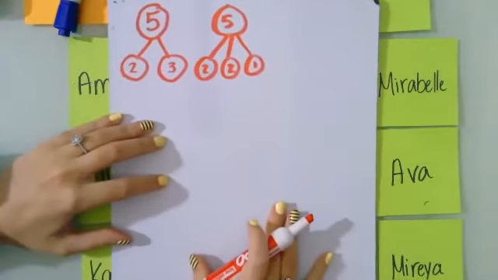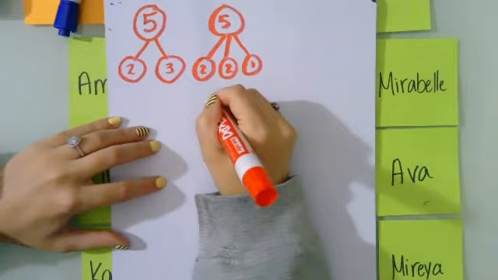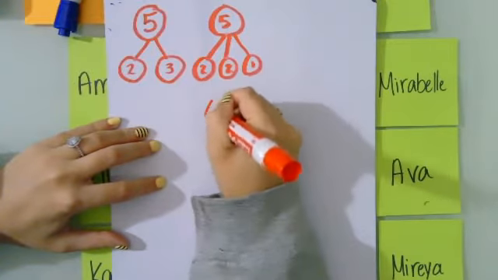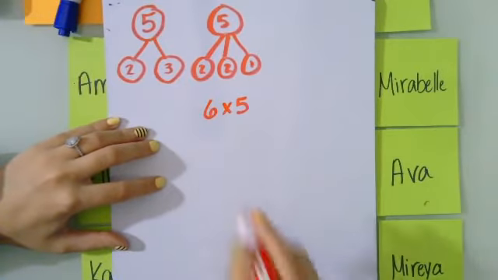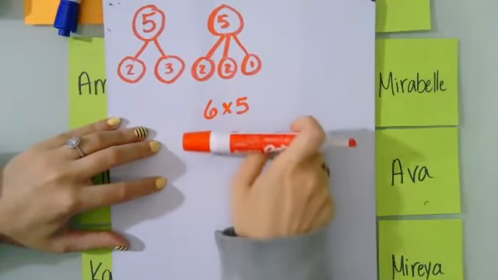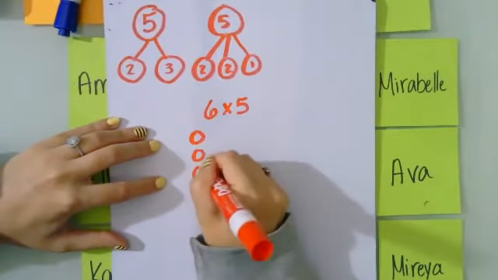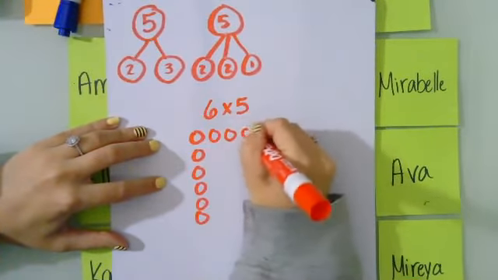So let's talk about arrays. If I have an array that's 6 times 5, I'm going to make my rows 1, 2, 3, 4, 5, 6, and then I'm going to put 5 in each one.